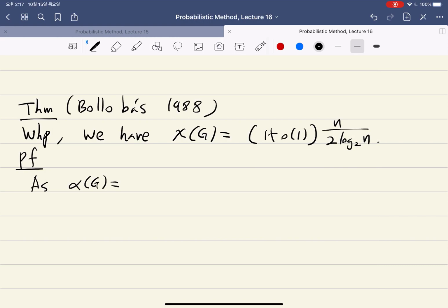And if you consider the independence number of G and the clique number of the complement of G, they have the same distribution.